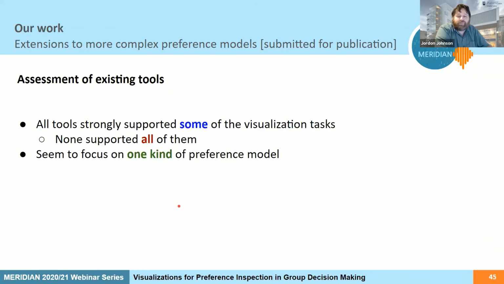And our overall finding, as part of work that we've submitted for publication and are waiting on a response, is that all the tools that we looked at strongly supported some of the visualization tasks, but none supported all of them. And it was also quite interesting that they all seemed to focus on one kind of preference model. Our tool's no different. It focuses on scoring alternatives directly. And so the idea is it would be great if we could have a tool that supported all preference models.